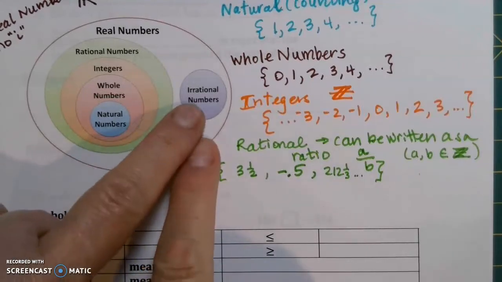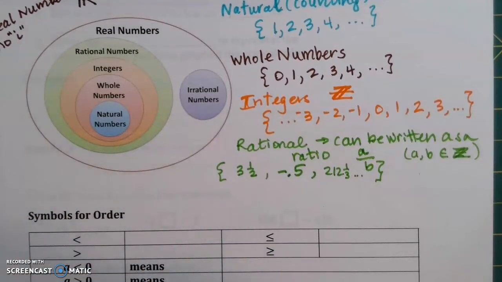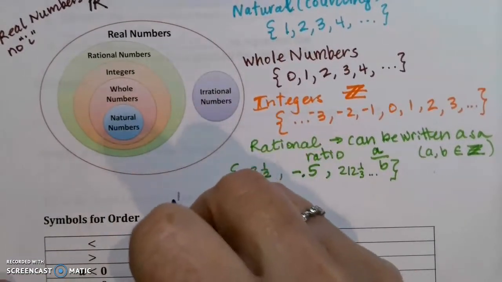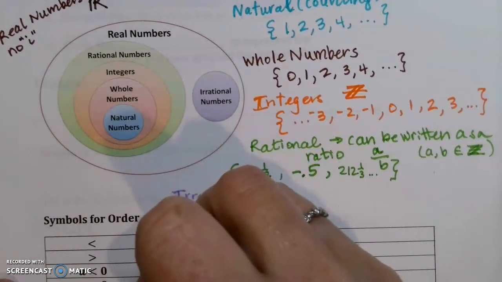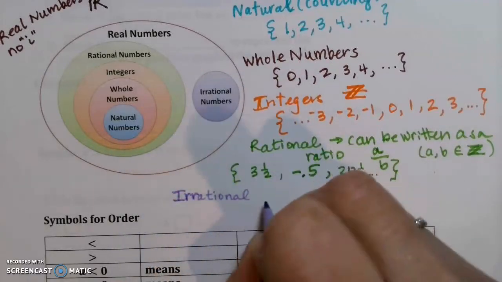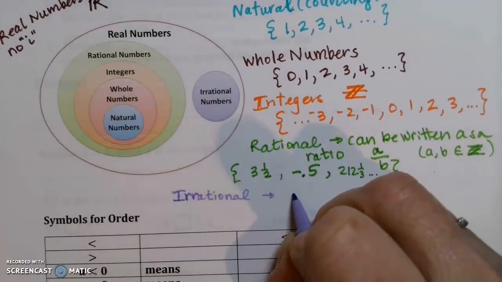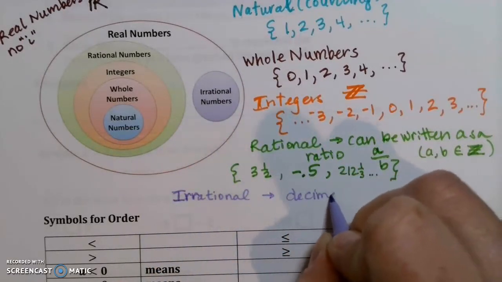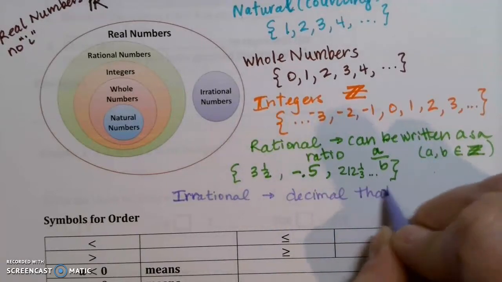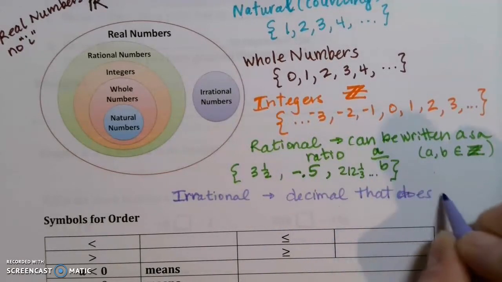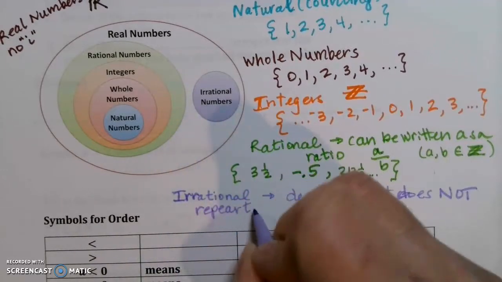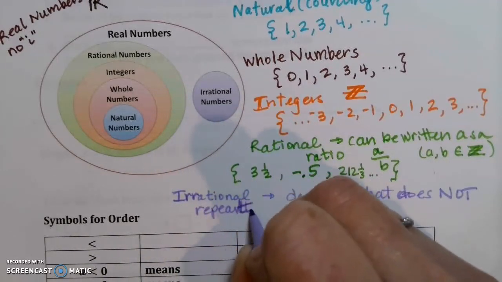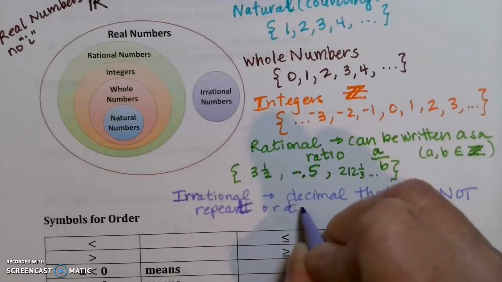Then we have this other set over here, which does not have the overlap, that is the set of irrational numbers. And irrational numbers are different from rational numbers in that they have a decimal that does not repeat or terminate.